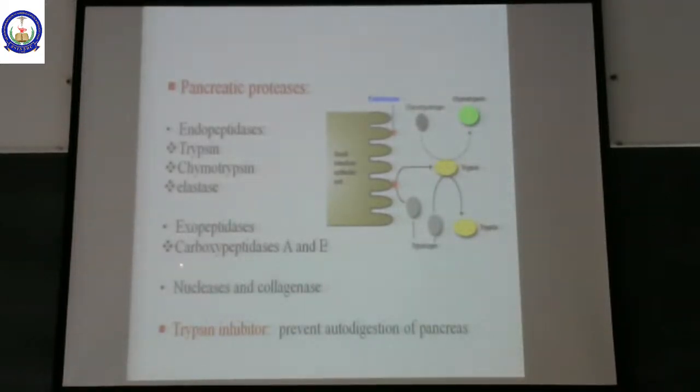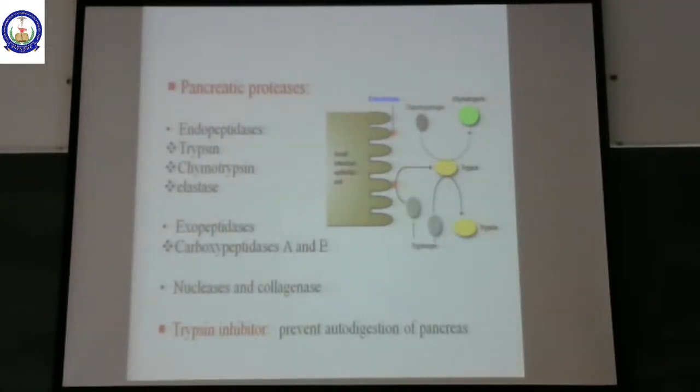We also have nucleases and coagulases. Those which cleave the nucleic acid, we call nucleases. Those which cleave the collagen moiety, we call coagulases. One important thing to remember in pancreatic proteases is that all these enzymes are secreted from the pancreas and poured into the duodenum in the inactive form. Once they enter the duodenum, they get activated.